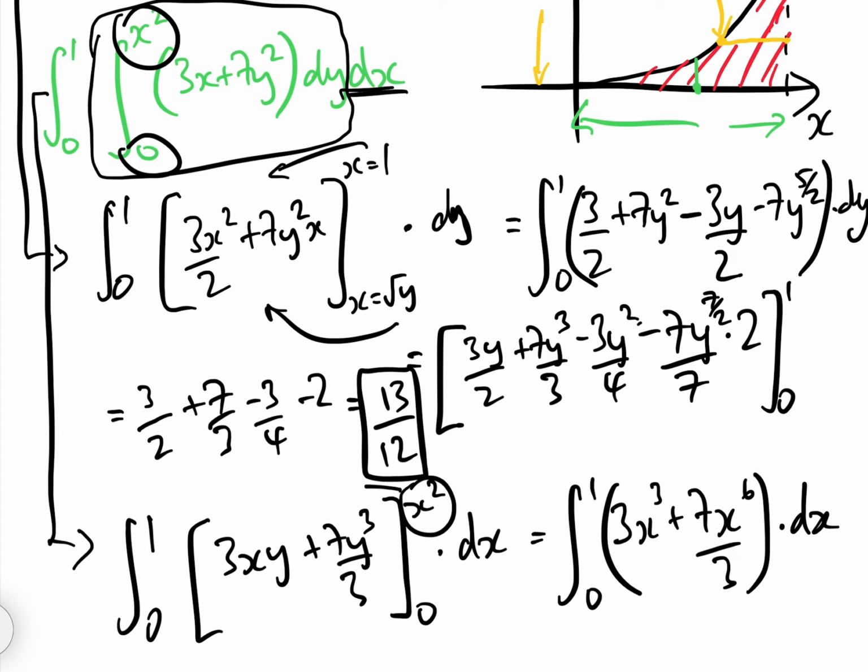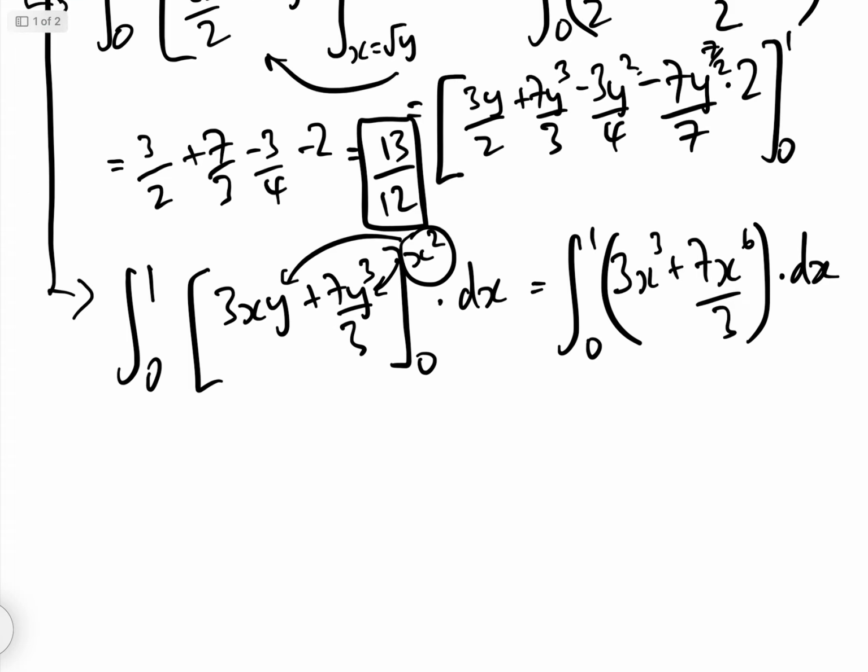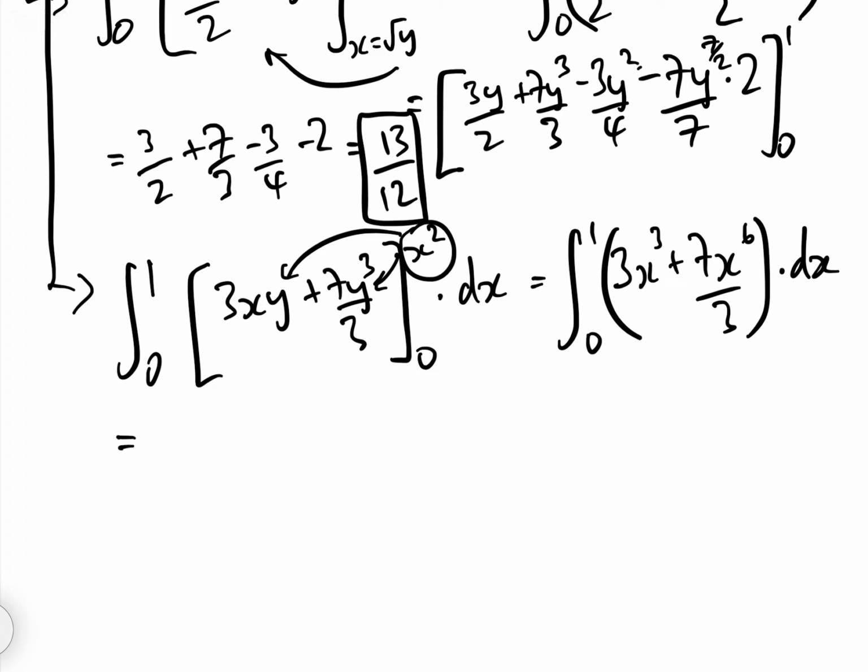What I've done is I've just put x squared into the values of y there, and remember this must give us the same answer as 13 over 12, otherwise we have a serious problem.